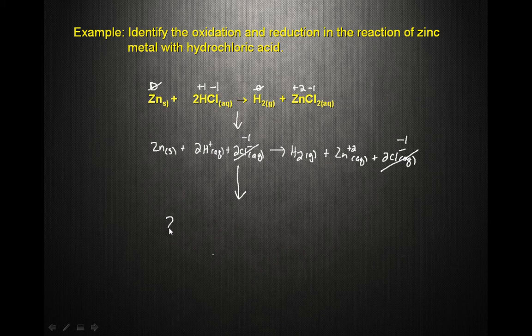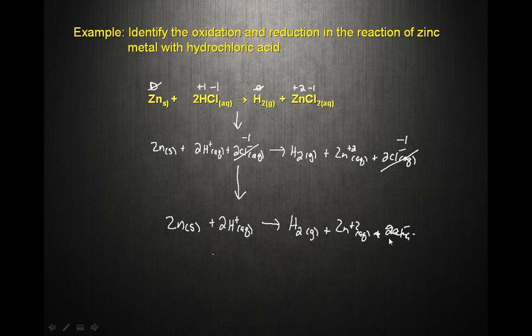So let's just write up our net right now. Oops, we don't have any chlorine. There we go. So it's just like this. And there is our net ionic equation.